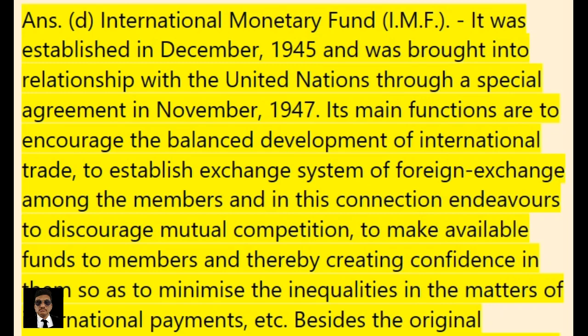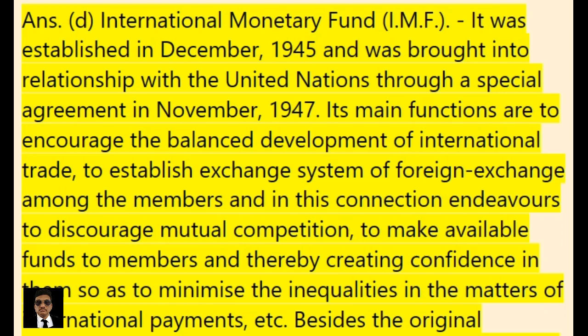Its main functions are to encourage the balanced development of international trade, to establish an exchange system of foreign exchange among the members, and in this connection endeavor to discourage mutual competition, to make funds available to members and thereby create confidence in them so as to minimize the inequalities in the matters of international payments, etc.